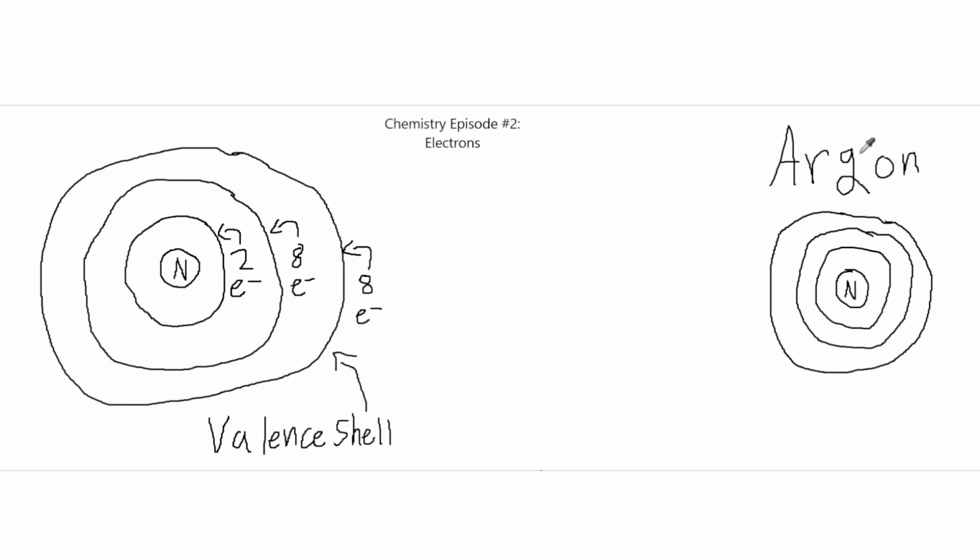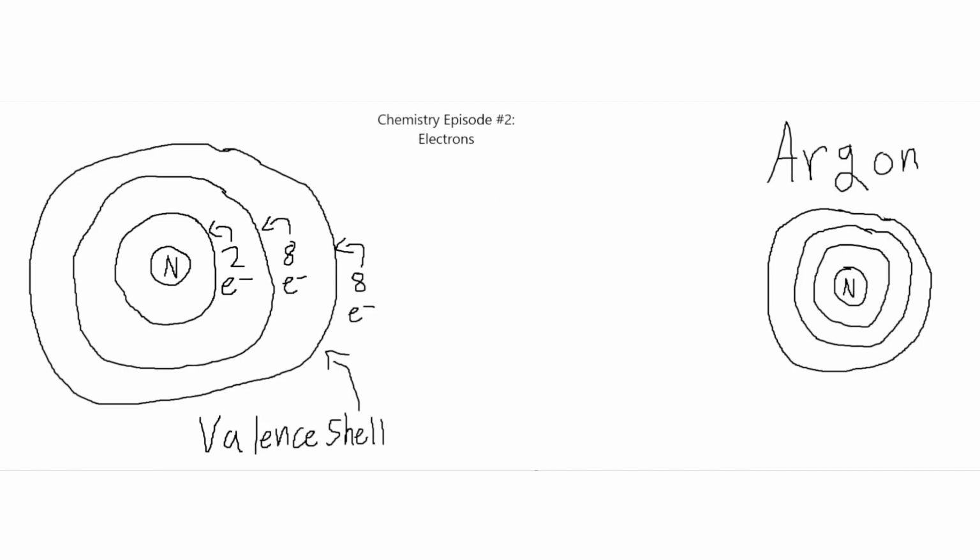Argon is an element on the periodic table, which we'll also discuss later, but argon has 18 protons. So if we're talking about a neutral atom of argon, which also has 18 electrons, because the 18 negative charges and 18 positive charges cancel each other out, draw an argon atom.